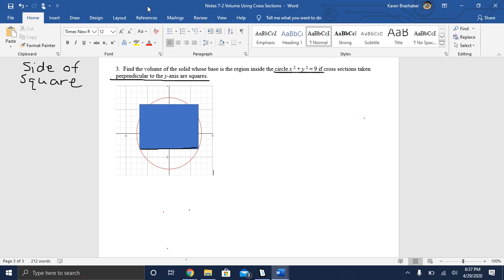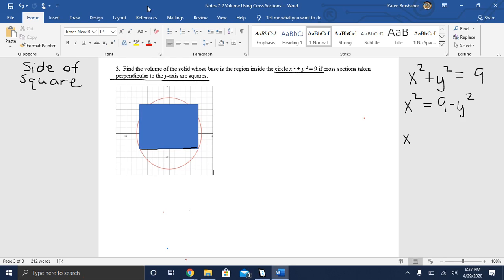Well, we can do that by looking at the right side and the left side of the circle. So we're going to need to take the circle equation, and since we're working perpendicular to the y-axis, we want to solve for x. So x squared would equal 9 minus y squared.